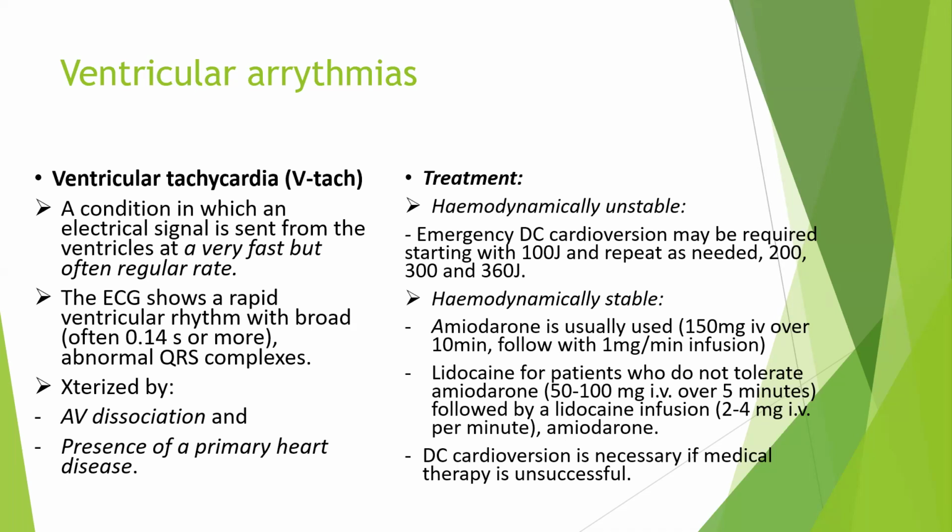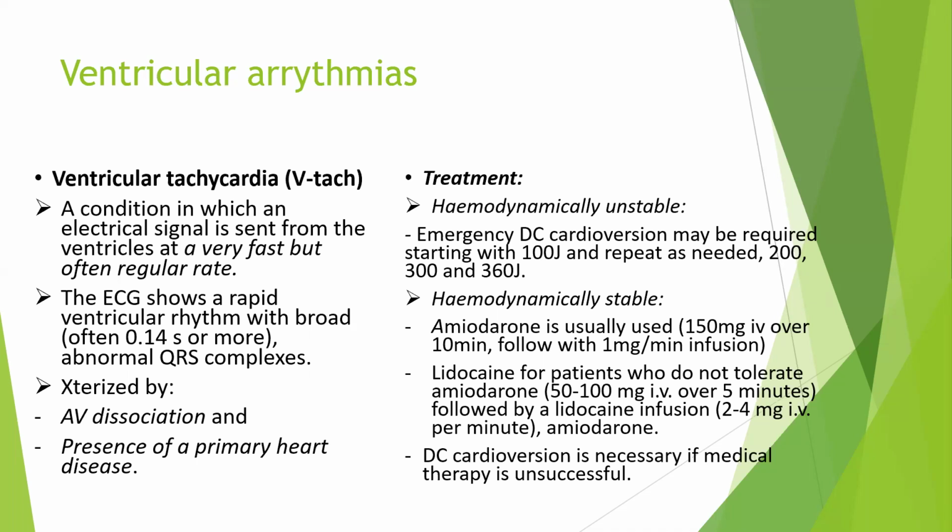So in VTAC, the patient has AV dissociation, and if you look at the history, they have either ischemic heart disease or coronary artery disease, or whatever primary heart disease they have. Treatment of VTAC depends on how stable these patients are in terms of hemodynamics.